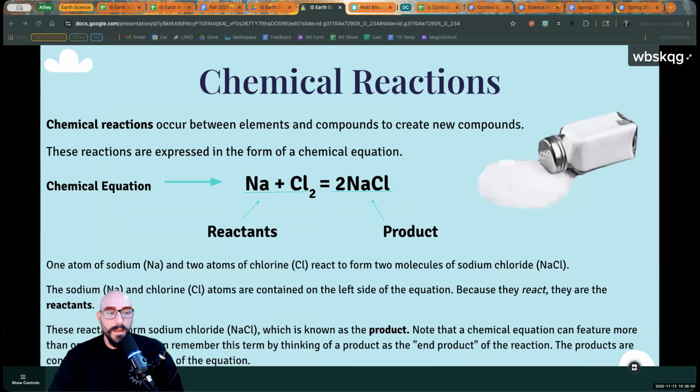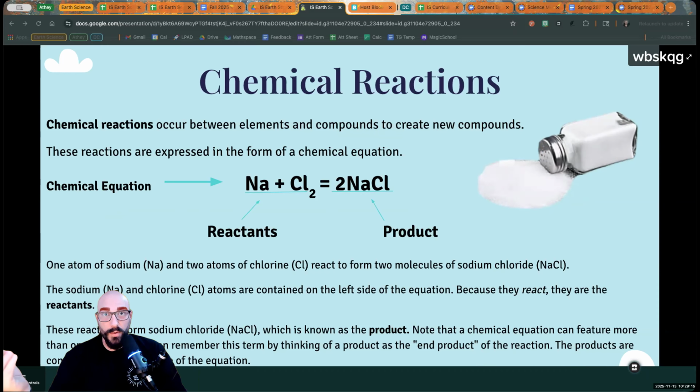Now, a chemical reaction happens between elements or compounds, and what happens is electrons get moved around and you get something new. So if I take pure sodium, it's a soft, silvery metal, solid.